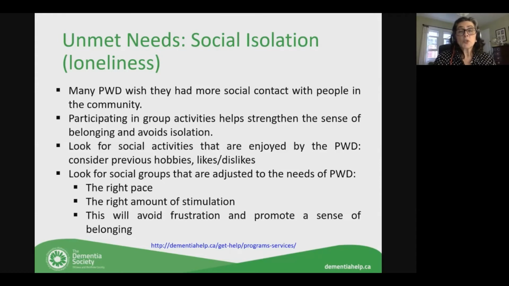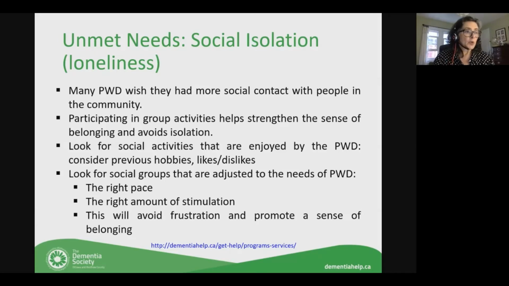But also, are there activities even in and around their environment that can be activating? Because behavioral activation is actually an intervention that can be used to decrease a sense of social isolation. And of course, the closer the activity is to the interests of the individual, the more enjoyable it can be.